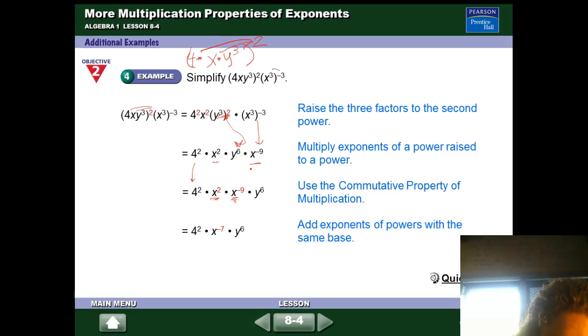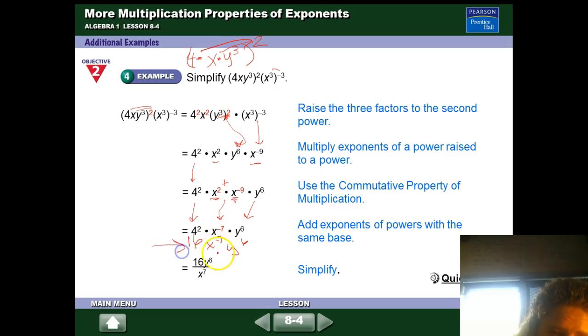Yes, you add them. 2 plus negative 9. It's going to give me my negative 7. Bring down y to the 6th because there's no other y's, so that's my only like term. And 4 squared is really 16. X to the negative 7, y to the 6th.